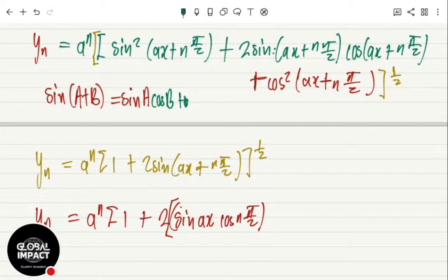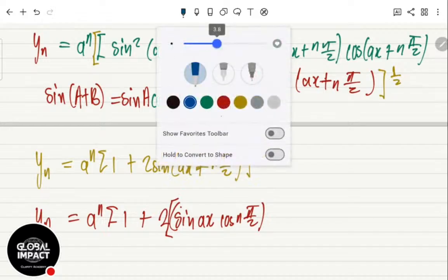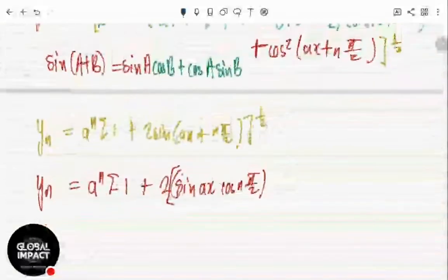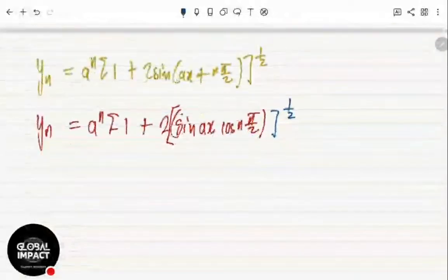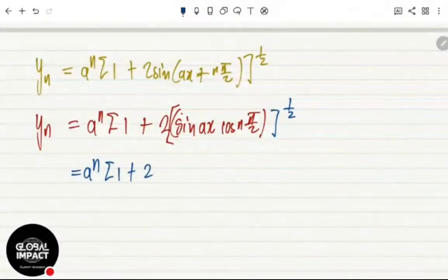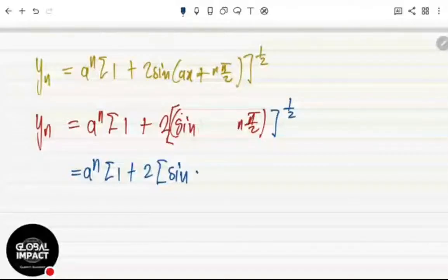So here you'd say what? This is going to be plus cos A sine B. So what am I going to have? We're trying to remove these to simplify it. I'll take you back. This is a to the n, 1 plus 2 is going to multiply. This is going to be sine. Here it was sine of ax plus n pi over 2.